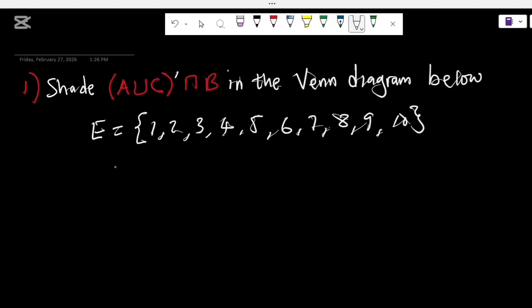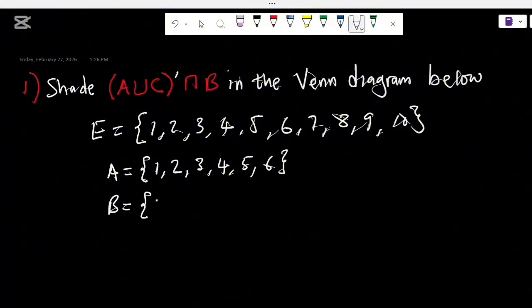So when you look at this universal set, let's say set A is equal to 1, 2, 3, 4, 5, 6, and set B is equal to 4, 5, 6, 7, 8. Okay. So when you look at this particular scenario, you have two sets, set A and set B, in this universal set.